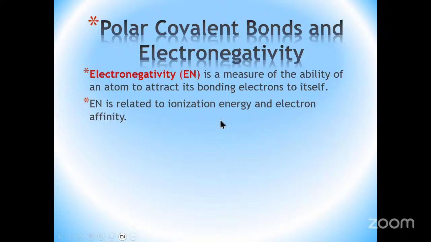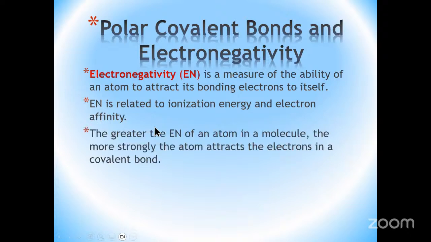Anyway, he basically combined in some way thermodynamic data such as ionization energy and electron affinity. And he came up with a scale, a 4-point scale. And basically, based on where that particular element ends up on the scale, you can tell whether or not that particular element is more electronegative or less electronegative than another element, right?